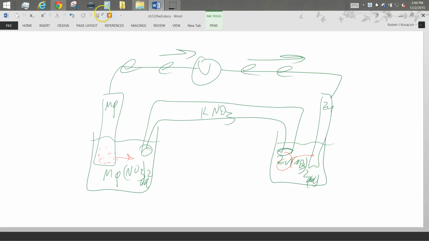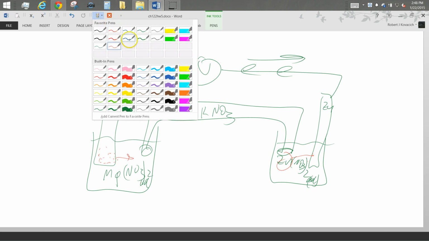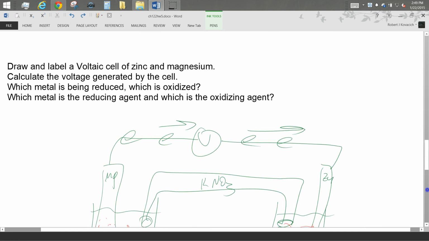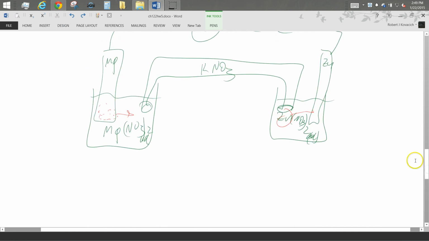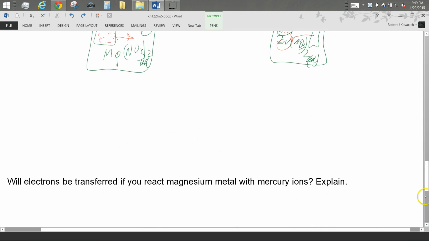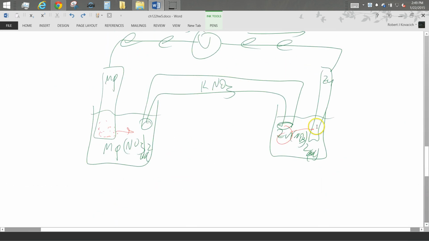So zincs are going to be sticking to this bar. So this bar over here is going to be bigger, while the magnesium bar is going to be dissolving away. And the zinc ions that are in the solution are going to be disappearing.